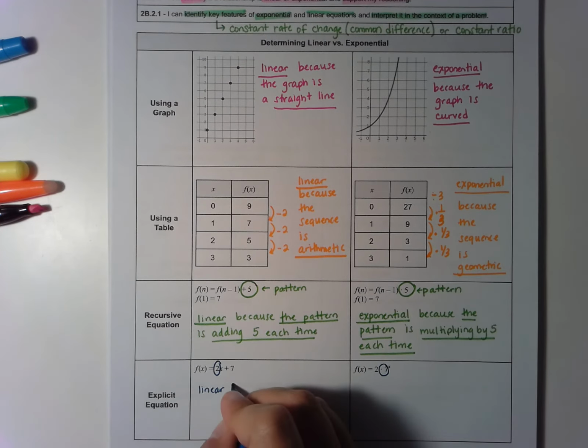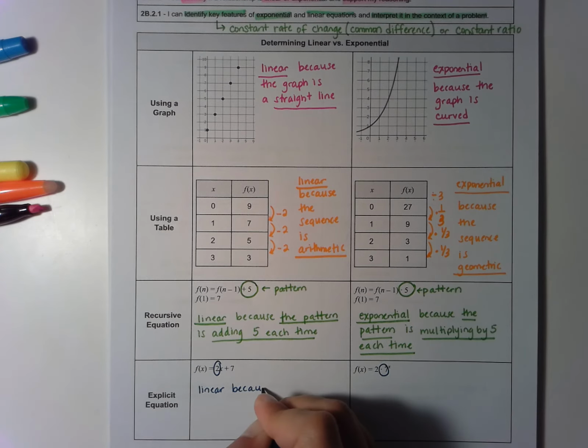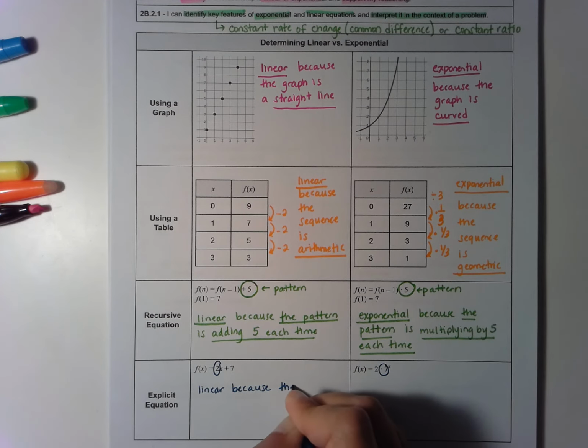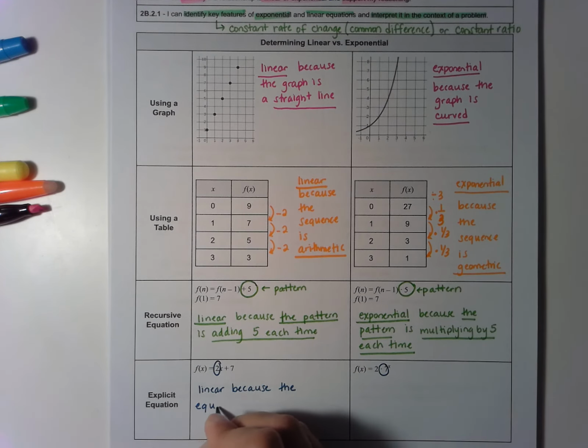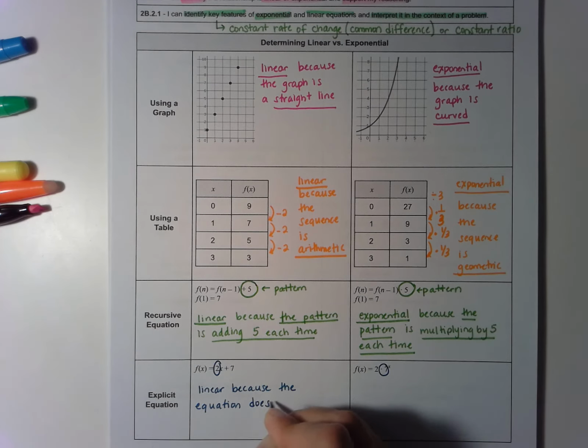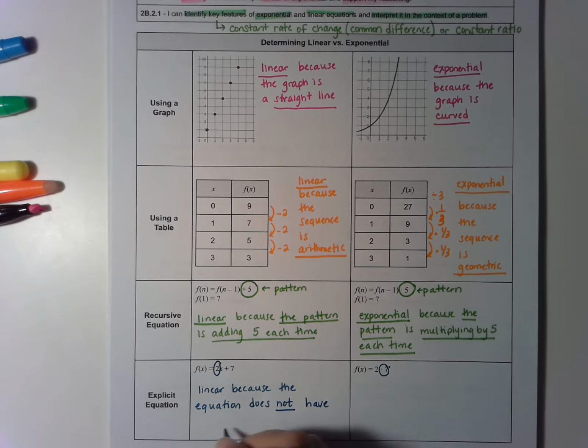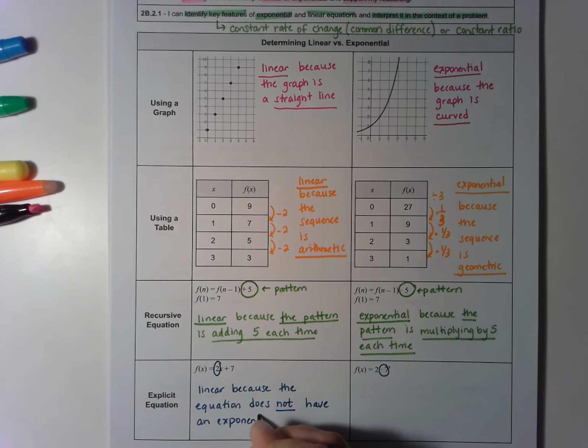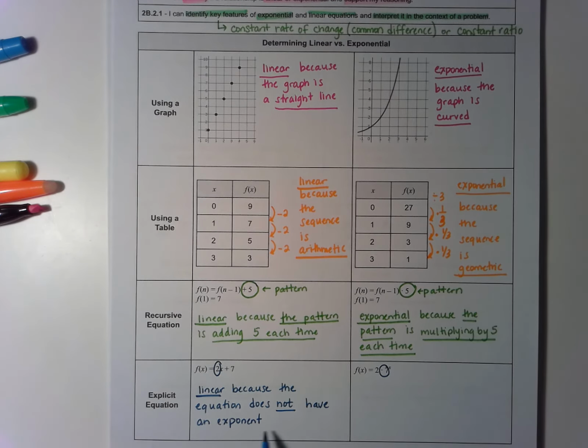And I would know that because the equation does not have an exponent. So I'm linear because I do not have an exponent.